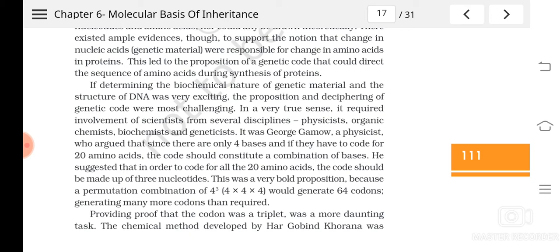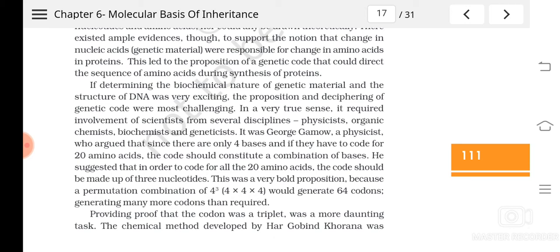He proposed that the code should have three nucleotides. Is it clear? Like the 26 alphabets of English can make a number of words, in the same way, with different combinations, these 4 bases should be able to code for the 20 amino acids.